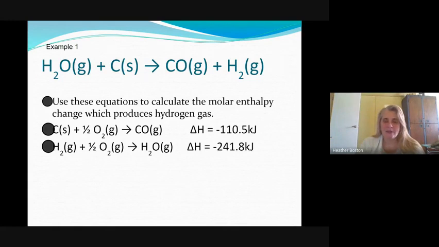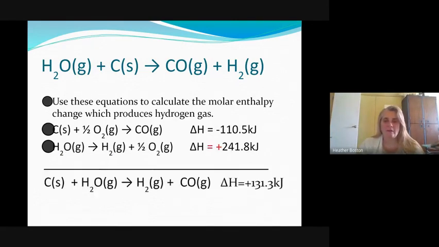Then we need carbon in the reactant side with a coefficient of 1. We have carbon in the reactant side with a coefficient of 1 in the first equation, so we will leave that be. So the only thing we need to do is flip the second equation. You'll notice the ones that we don't need, which are the 1/2 mole of oxygen on the reactant side, cancel with the 1/2 mole of oxygen on the product side.